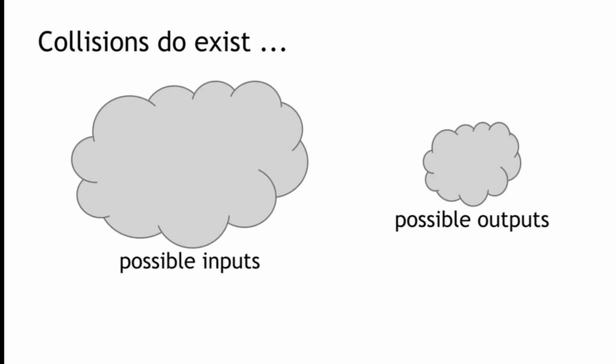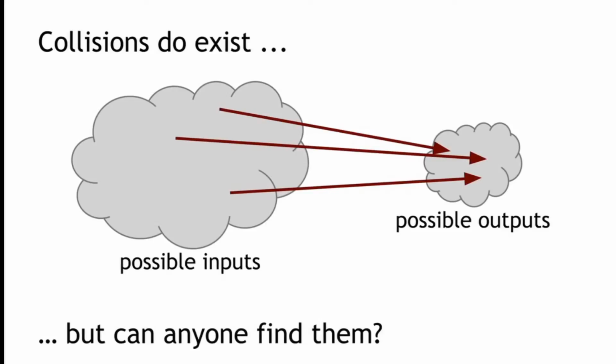So on the right-hand side, the outputs, there are only 2 to the 256 possibilities. Over here, there are more possibilities. And so if every point on the left is going to be mapped by an arrow to some point on the right, you can see that as you go from all the points on the left into the right, it has to get crowded. And in fact, there have to be multiple values on the left that map to the same output on the right.